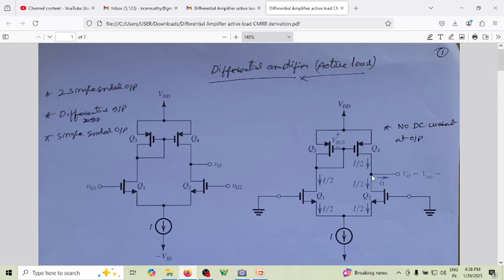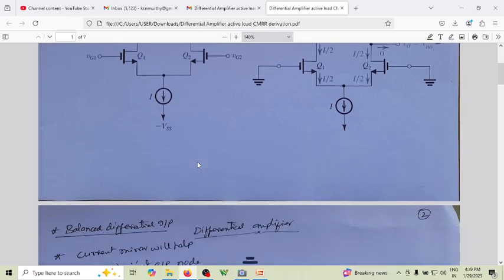If you write a KCL at this node, this is the current I by 2 entering, this is the current I by 2 leaving, and no DC current goes to the output. So no DC current at the output is the conclusion of this. Of course, it has two differential inputs and one single-ended output. So now we'll just move on to.